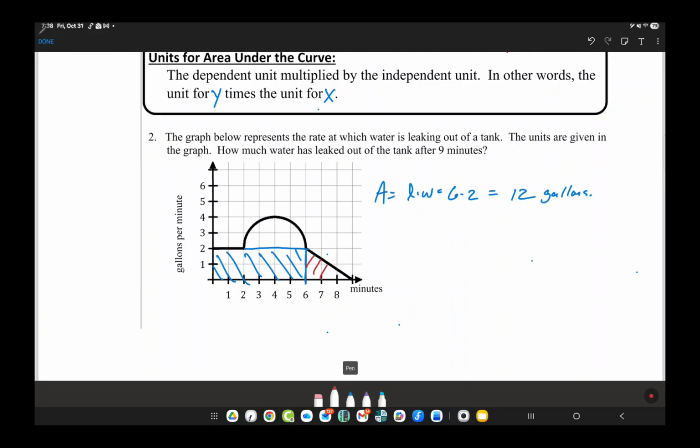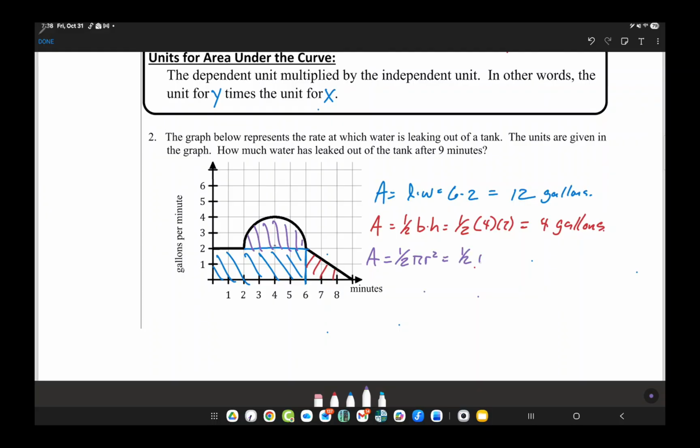This area is a triangle, and triangle area is 1/2 base times height. So that is 1/2 of 4 times 2, which is 4 gallons. This area is a semicircle. Area of a semicircle is 1/2 pi r squared, and the radius is 2.